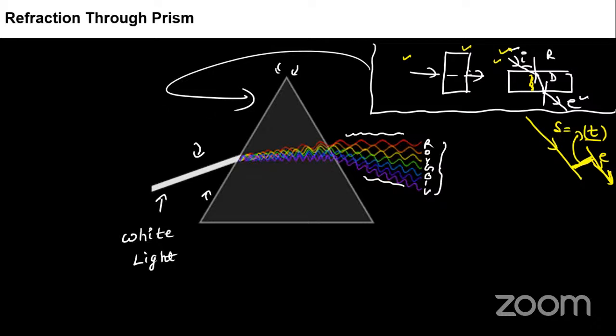A prism is a glass material, like two glass plates, rectangular kind of, joined like this and covered at the end like a base, and the inside material is completely glass.